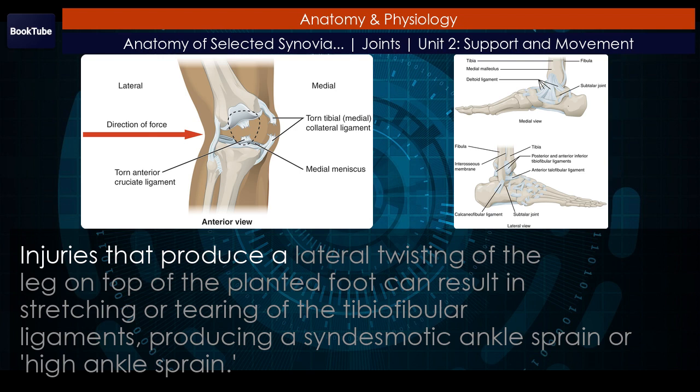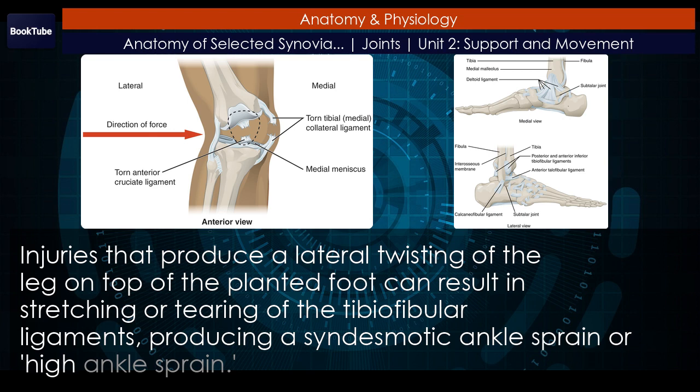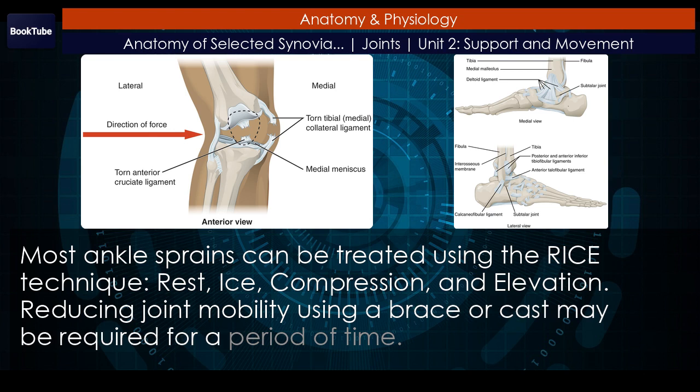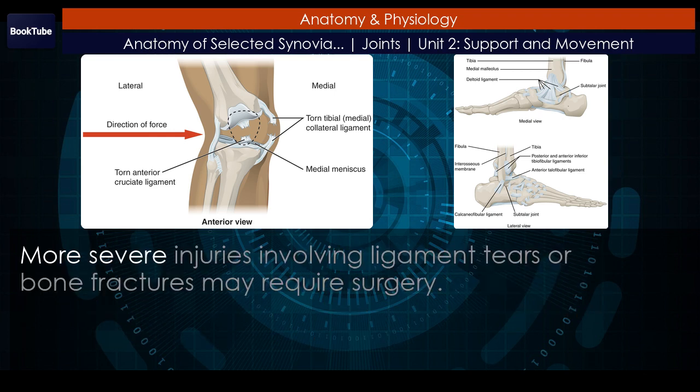Injuries that produce a lateral twisting of the leg on top of the planted foot can result in stretching or tearing of the tibiofibular ligaments, producing a syndesmotic ankle sprain or high ankle sprain. Most ankle sprains can be treated using the RICE technique: rest, ice, compression, and elevation. Reducing joint mobility using a brace or cast may be required for a period of time. More severe injuries involving ligament tears or bone fractures may require surgery.